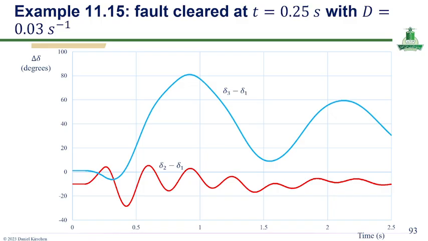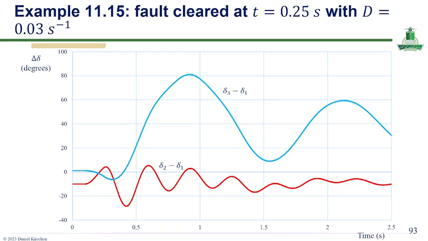So unlike the previous unstable case, the rotor angles remain bounded and the generators remain synchronous through the disturbance. So this confirms that damping improves transient stability by reducing speed deviations and suppressing electromechanical oscillations after the fault is cleared.